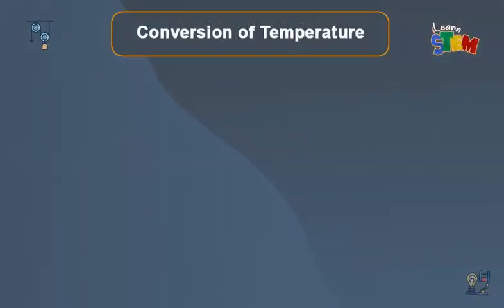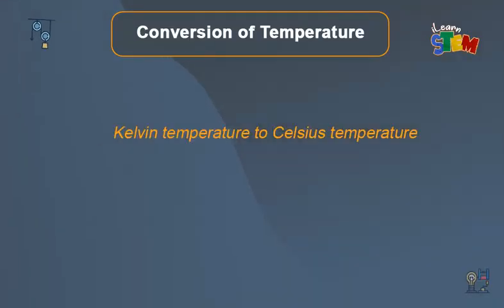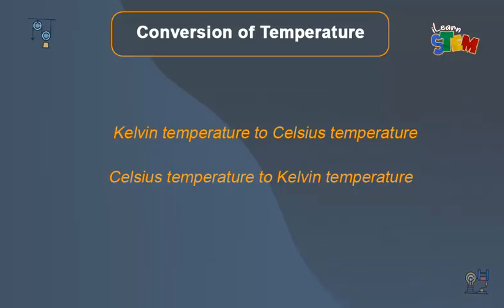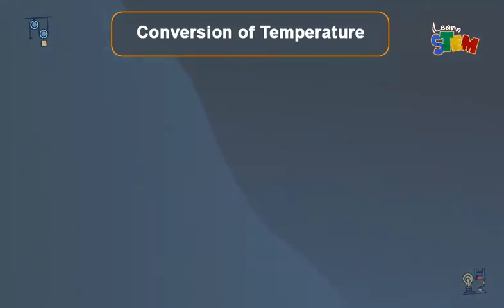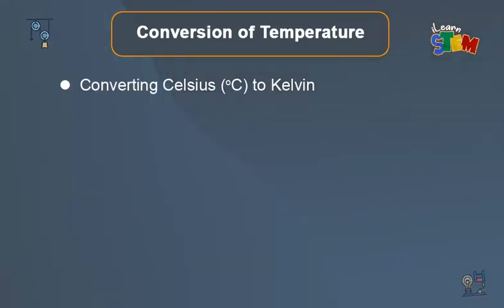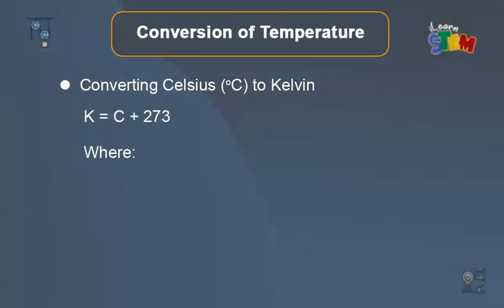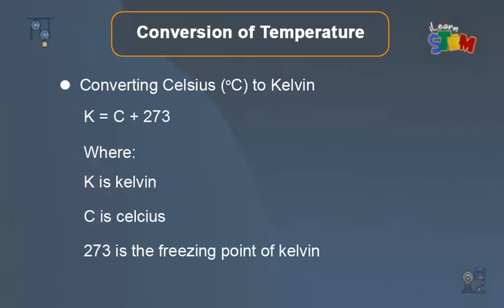Conversion of temperature. Let's learn how to convert Kelvin temperature to Celsius temperature, and also Celsius temperature to Kelvin temperature. The formula for converting Celsius to Kelvin is K equals C plus 273, where K is Kelvin, C is Celsius, and 273 is the freezing point in Kelvin.